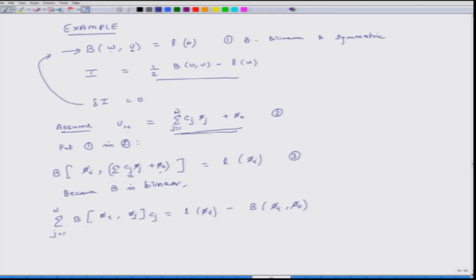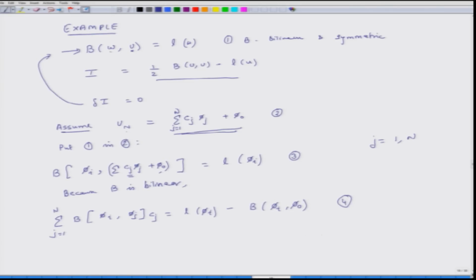Now, when you look at this equation 4, for different values of I, this is one equation, and on the index j I am adding up everything. So for different values of I, I will get different equations.